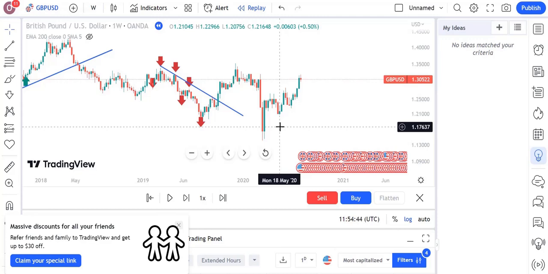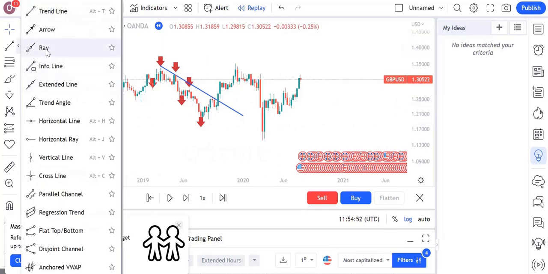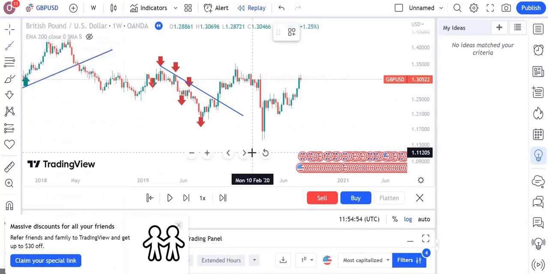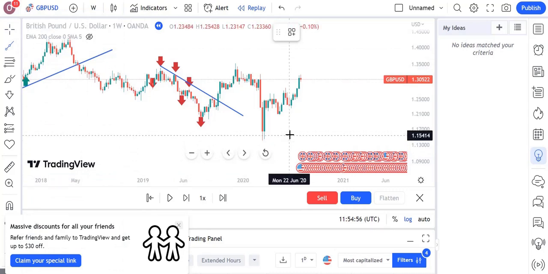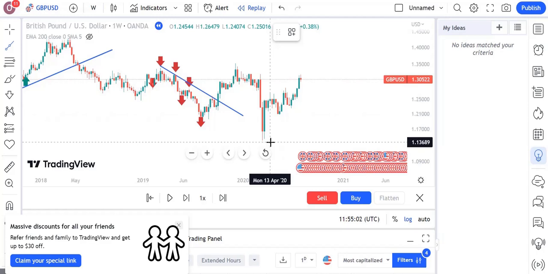Now, if you're drawing your trend line, although there are going to be a lot of fake outs when you're using your higher highs and higher lows, you're confused. You don't know if you're going to put it here or probably here or probably here. Now, the best way to filter all that is to use your ray.